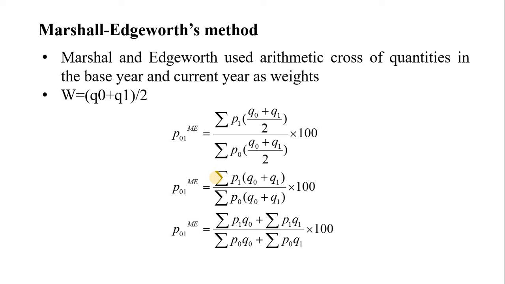Now, the next method is the Marshall Edgeworth index number. Marshall and Edgeworth are also economists. They used the arithmetic mean of the quantities in the base year and current year as the weight.